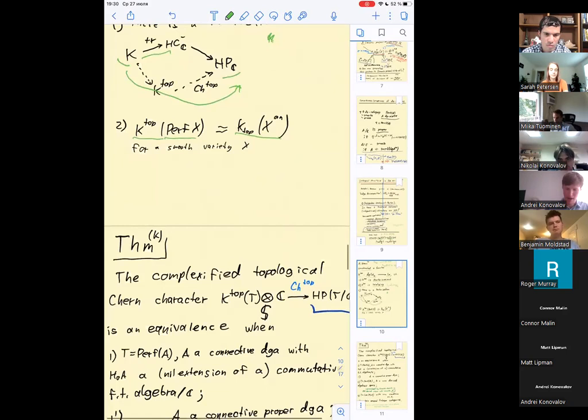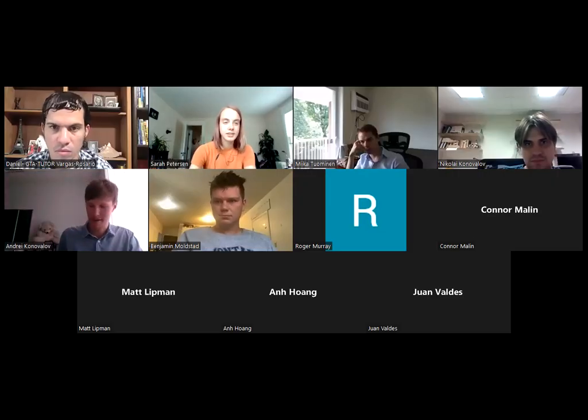So this map is also an equivalence whenever it is the derived category of a nice derived algebraic space. Actually, the same statement remains true if you even put here something like nice derived stacks.